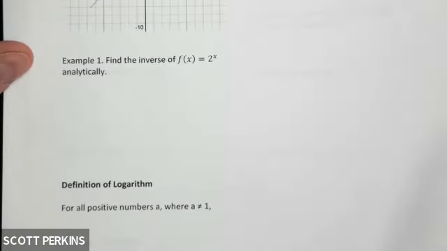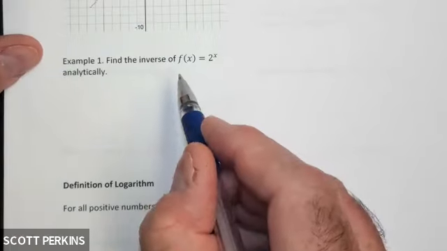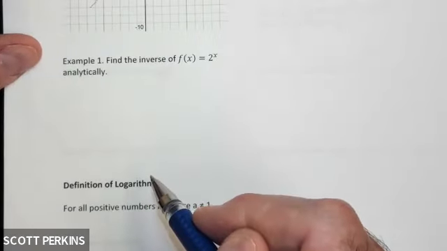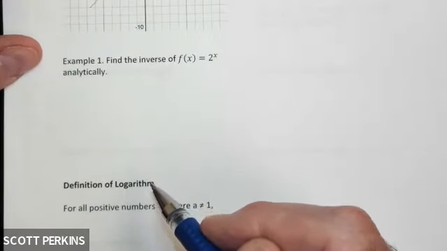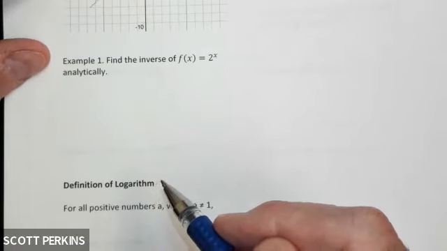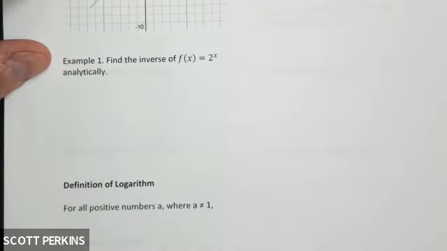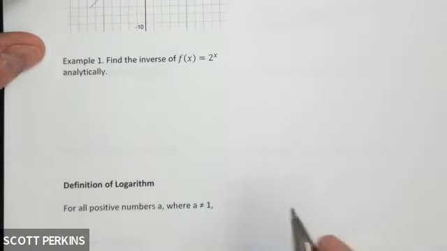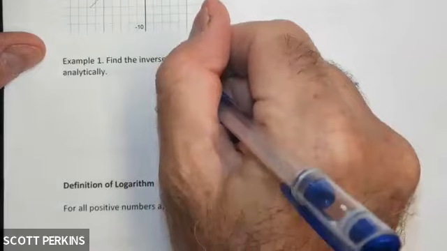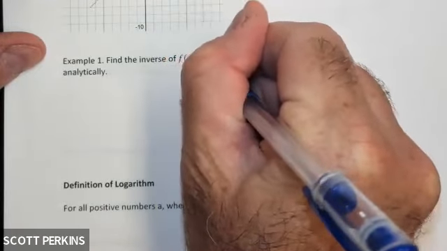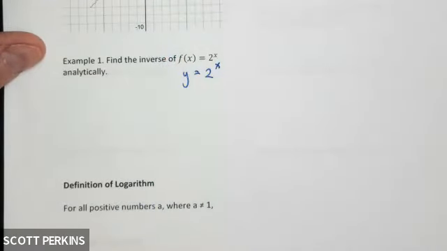So the first step, does anyone remember the first step when it comes to finding the inverse? That's the second step. So you're just one step ahead of me. The first step, though, before I can switch the x and the y's, I've got to have a y. So the first step is purely notational. I'm going to change the f of x into a y. And then, yes, exactly what I was told.